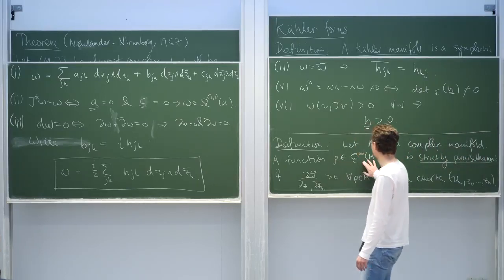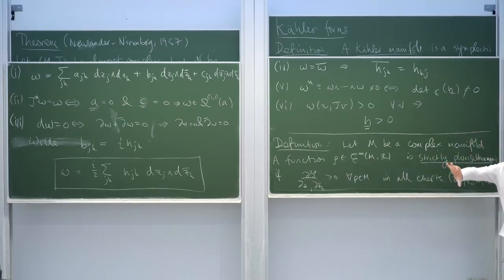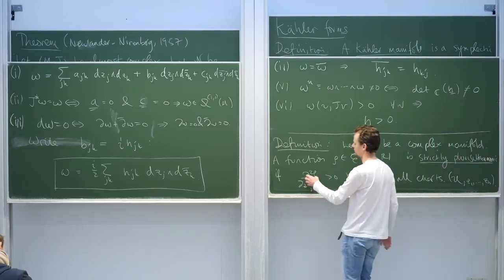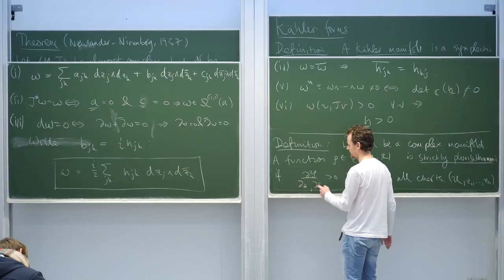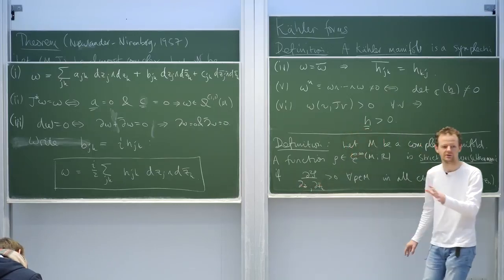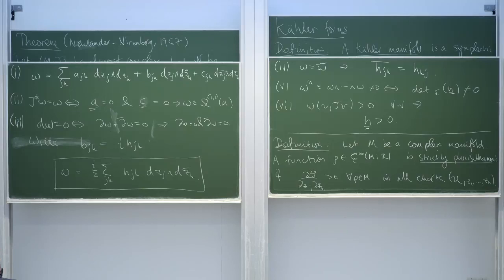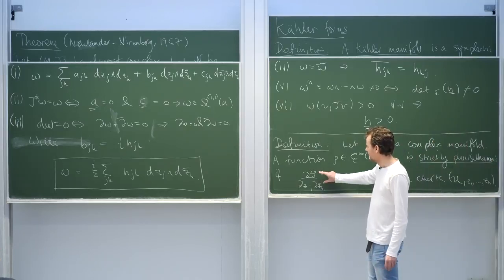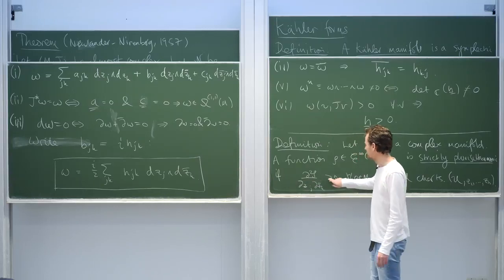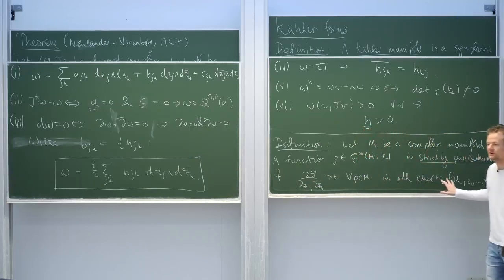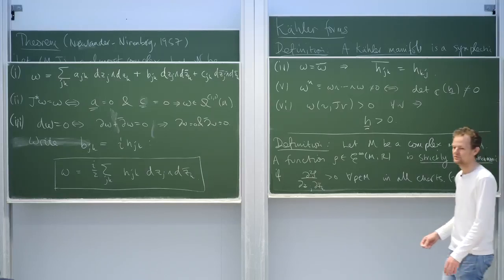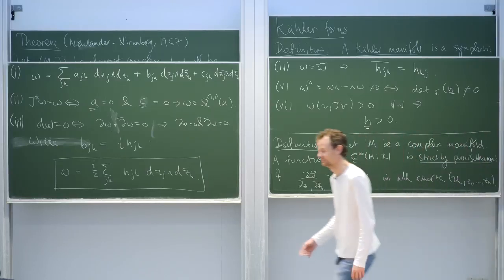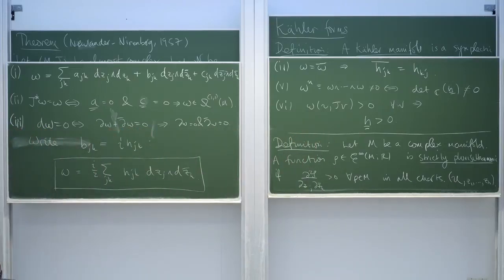So if you get a real valued function rho on this complex manifold, and you look in some local chart and you form this matrix here, the second derivative of rho with respect to dz_j, dz bar k. It's like a Hessian matrix, not exactly. And if this matrix is positive in all charts and at all points on the manifold, then that is a nice function. We're going to call it strictly pluri-subharmonic. Strictly because there's strict inequality there.